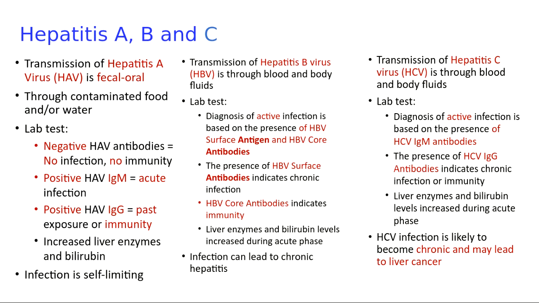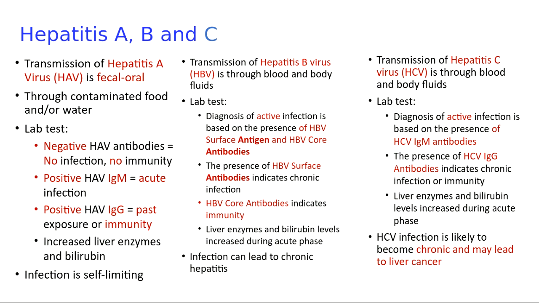And we can find different antibodies to all three of those components of the virus. And hepatitis C is an RNA virus. But even though hepatitis C is an RNA virus and doesn't have a complex structure, hepatitis C is most likely to become chronic and then lead to liver cancer. So we don't want that. That's why it's really bad.